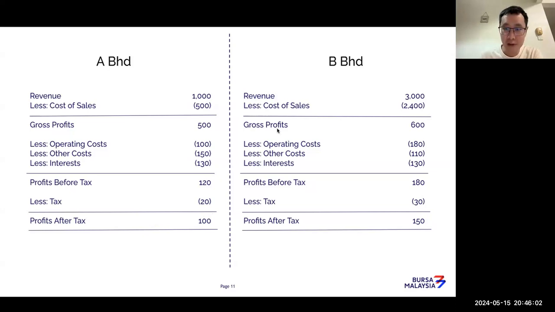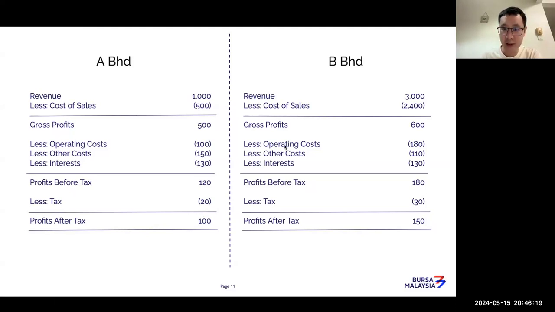So what is the net profit margin for A Berhad? Put it in the chat box. This is the income statement of A Berhad. All right, so all of you guys are getting 10%.